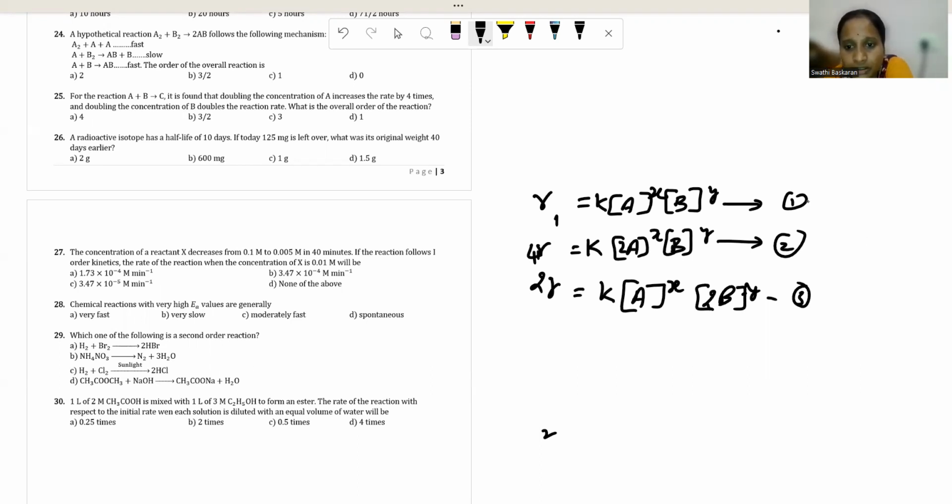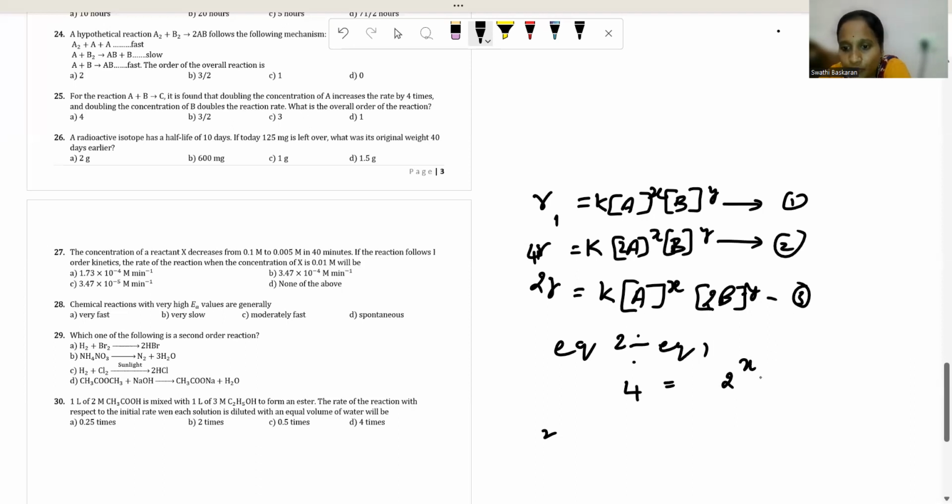If you take the first two equations and divide equation 2 by equation 1, the B raised to the power y and B raised to the power y get cancelled, k gets cancelled, and basically you will get 4 is equal to 2 power x.